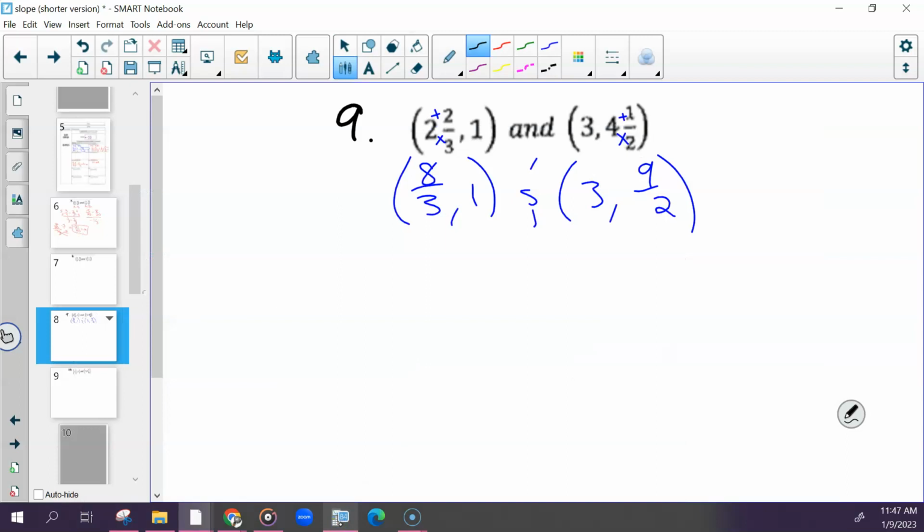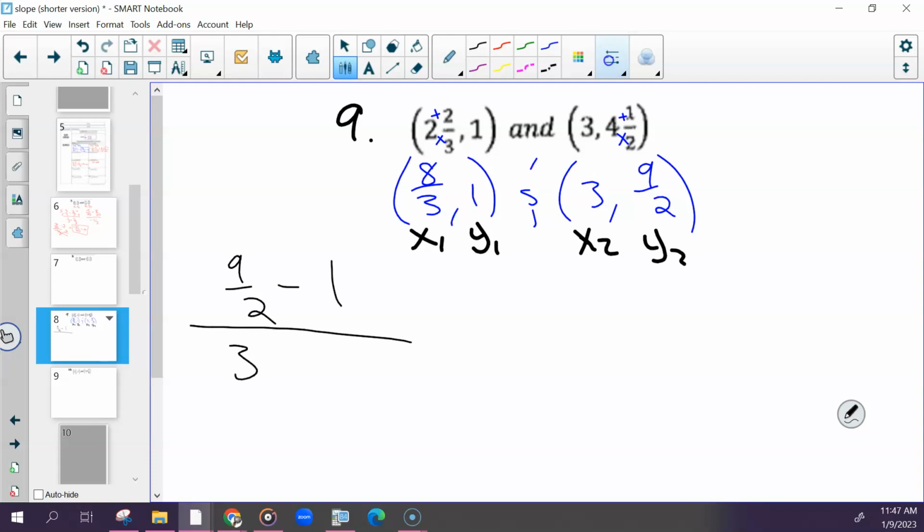Now we can do the same process as before. Label them if you need to. So we have 9 over 2 minus 1 over 3 minus 8 over 3.